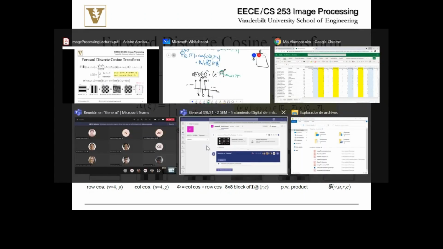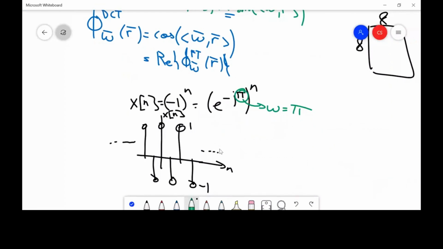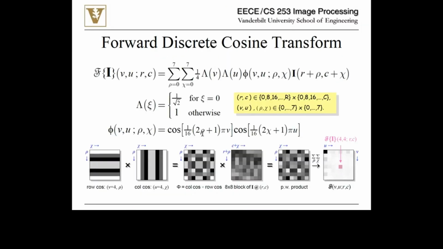This real part is just for one direction. But the way the basis function is constructed for considering both directions is by multiplying the cosine in one direction times the cosine in the other direction. And so you take one of the cosines, this is this one, you take the other cosine, that is this one, and then you multiply point by point. And you have this one, and now you compute the inner product.